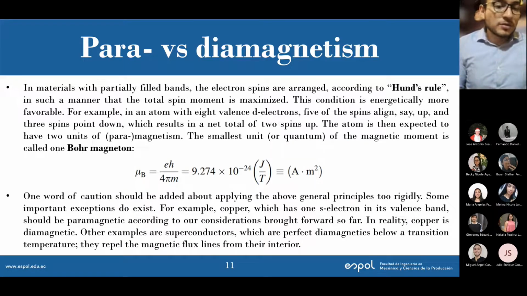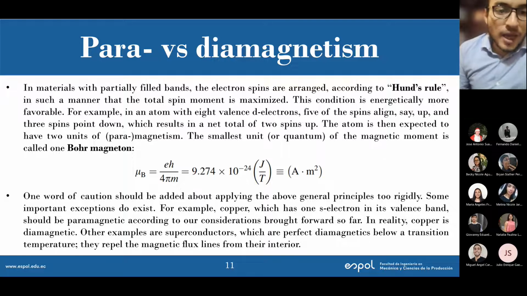Now, what happens in materials that have partially filled bands? Remember that because of Hund's rule, the electrons and spins in those materials are arranged in such a manner that the total spin is maximized, right? Why? Because that condition is energetically more favorable.